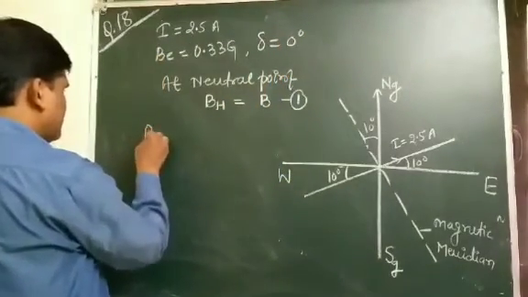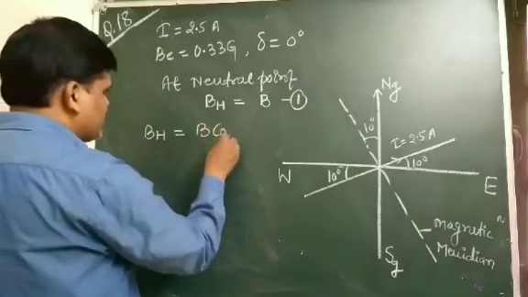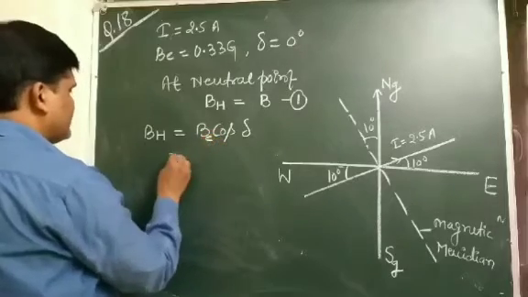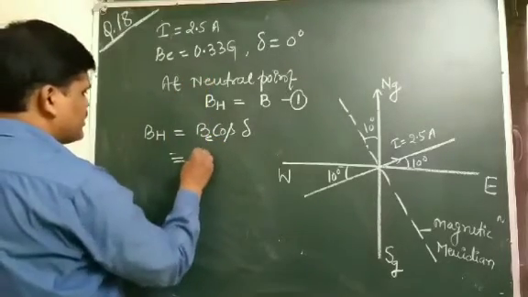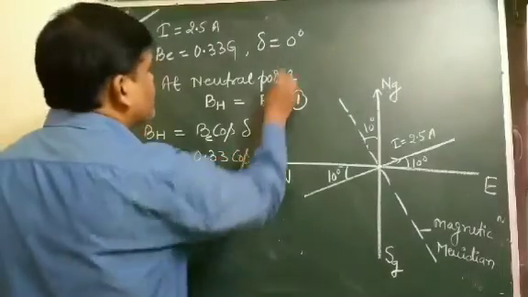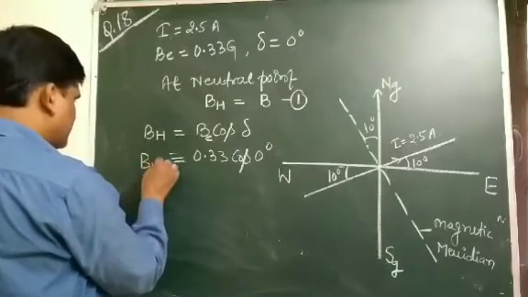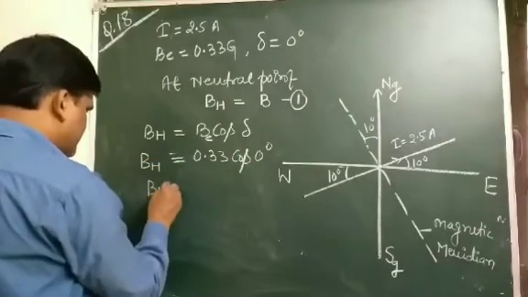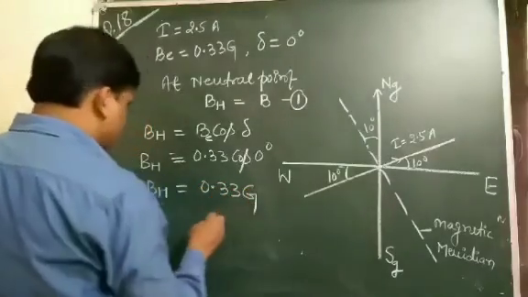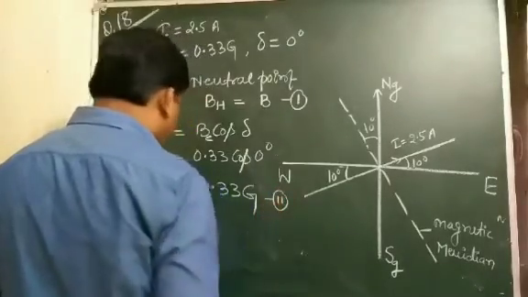We know the formula BH equal to B cos delta, where B is given as 0.33 and delta, the angle of dip, is 0 degrees. So BH, the horizontal component of Earth's magnetic field, comes out to be 0.33 cos 0. This is the second equation.